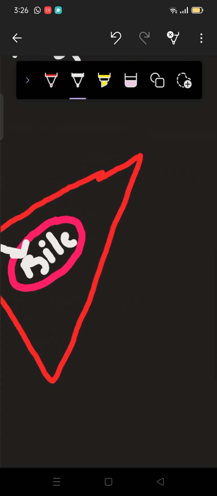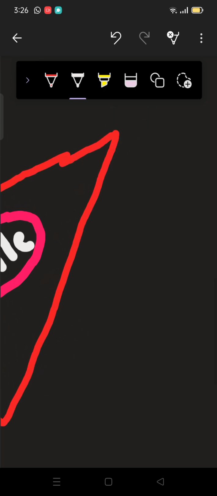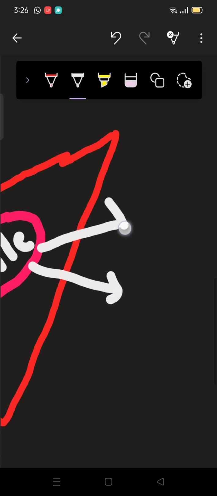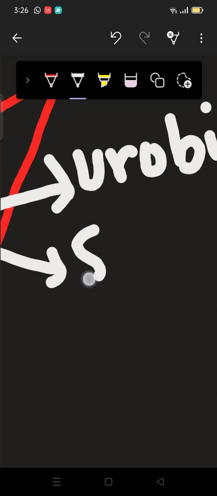So now this will be converted into urobilin and stercobilin. We have no need of stercobilin here, but I am still going to write this down. It will convert this into urobilin and stercobilin.